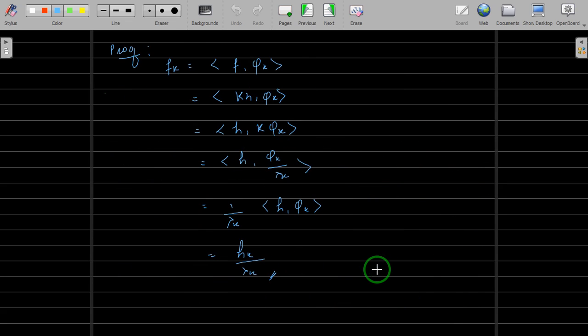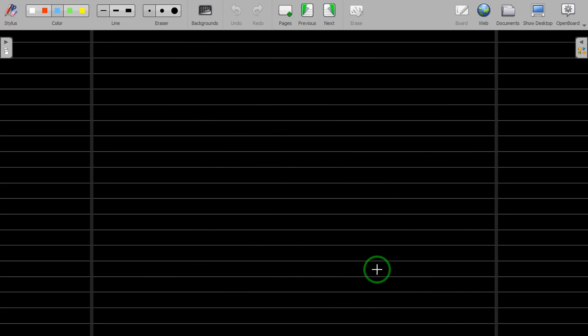Next we have to show that this f(x) can be expanded in terms of a Fourier series.